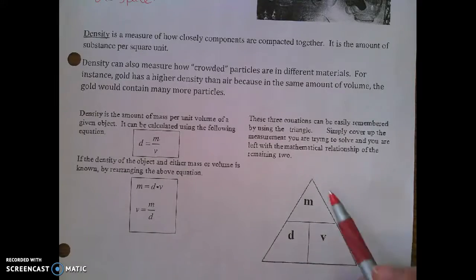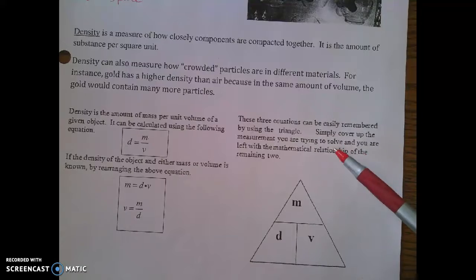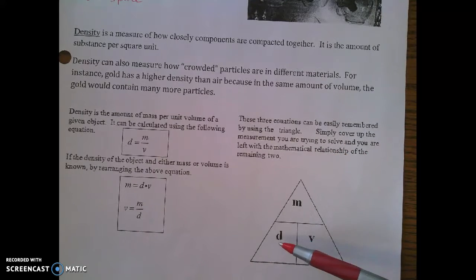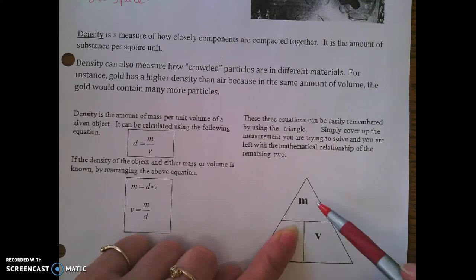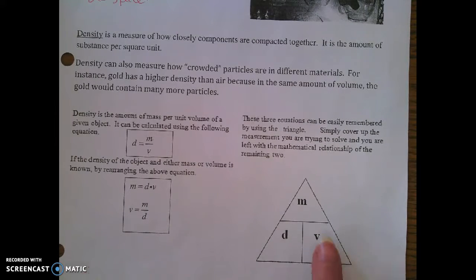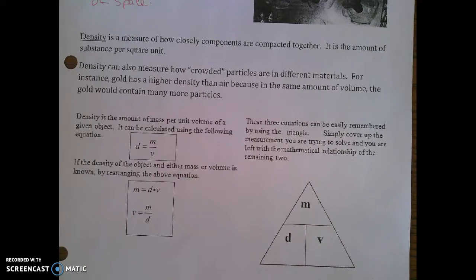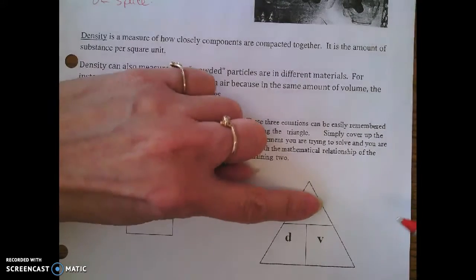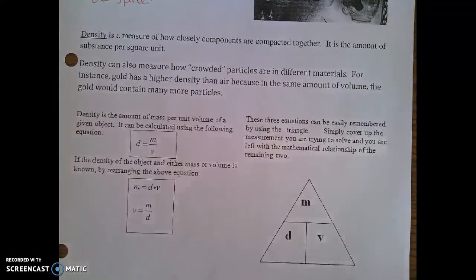But this nice little triangle is an easy way to remember. If you remember how to set this up, D, M, V. If you wanted density, you would cover up density, and then it's mass divided by volume. If you wanted to solve for volume, cover up volume, and it's mass divided by density. If you wanted to solve for the mass, you cover that up, and it's density times volume.